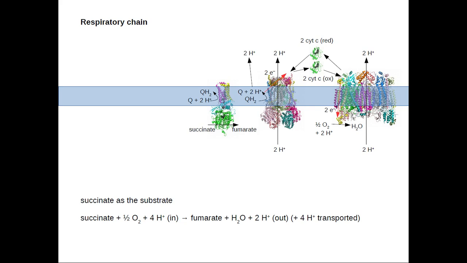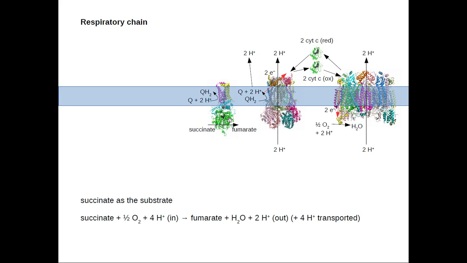There is an alternative entrance to the respiration chain, which is from the Krebs cycle. So in the Krebs cycle, when succinate is being transformed to fumarate, this releases 2 protons and 2 electrons.